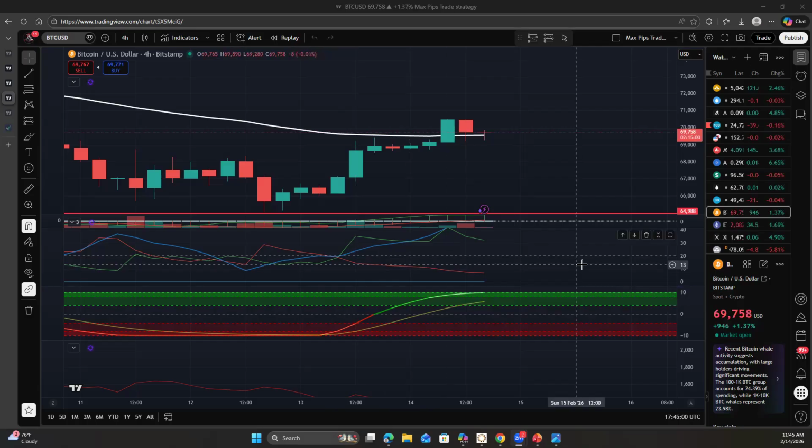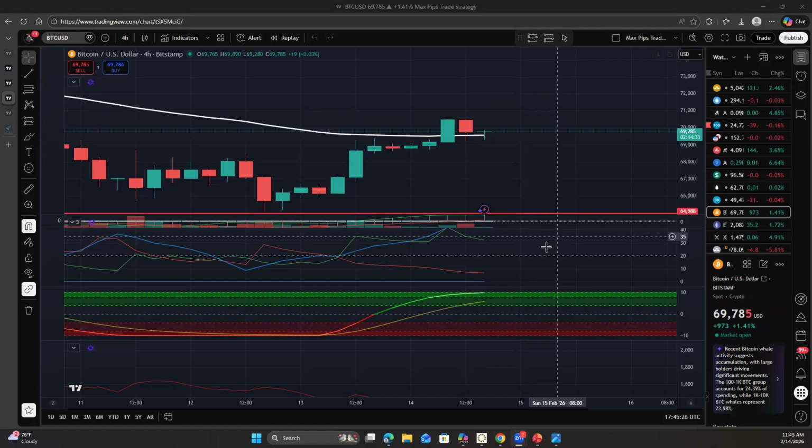See this dotted line right here? That is your water line. So the blue line, the ADX, and the positive DI are both above the 20, which means that it is trending in an upward movement. And we know this to be true because price is above the 50 here.